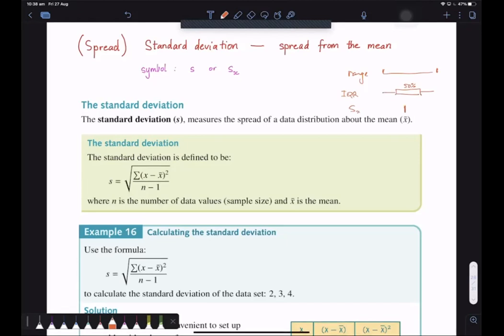With a standard deviation, it's how far you're spreading starting from the middle. Okay, so we have the median here, or sorry, not the middle, the mean. So X bar is our mean, and then we can spread out from there.